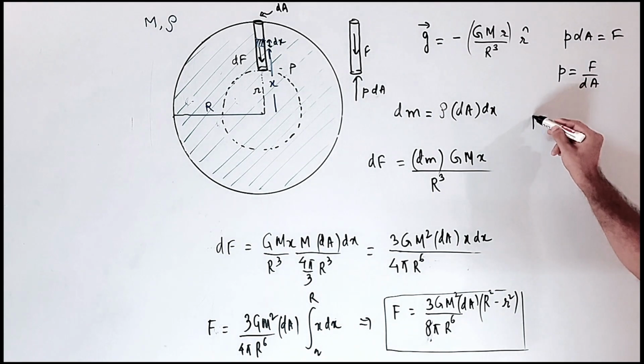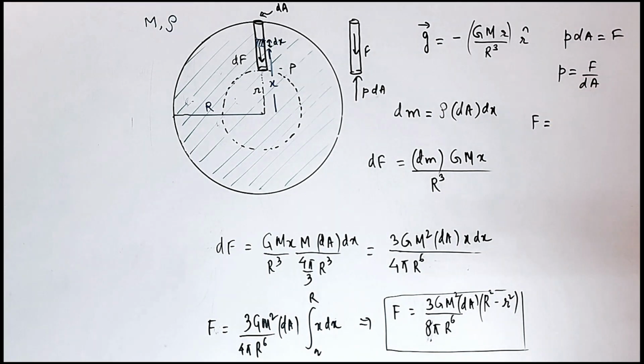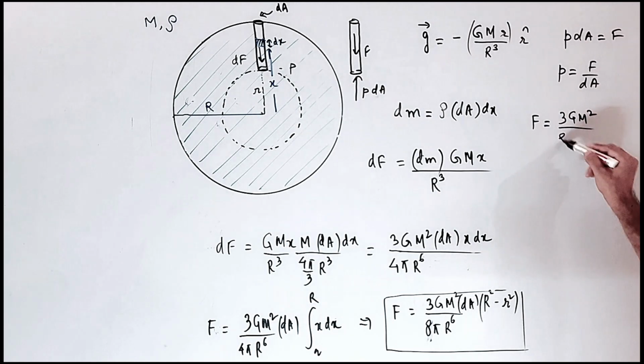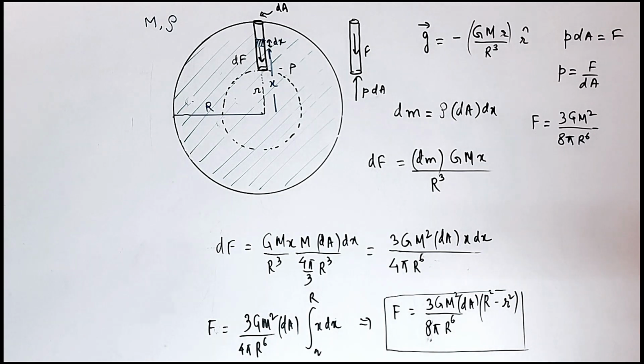So what is the final force? The final force is 3Gm² divided by 8π R⁶ into R² minus small r².